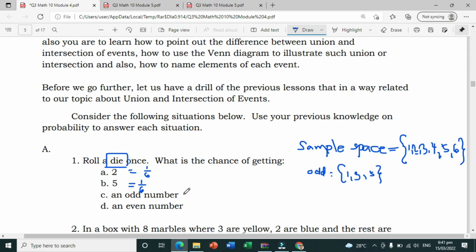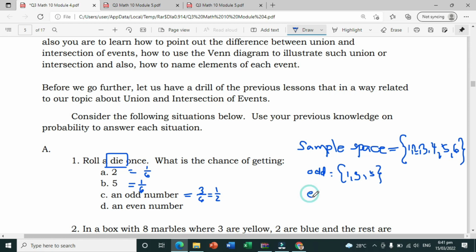So, ilan yan lahat? Merong 3. Tapos, over, ano yung denominator natin? So, that is 6. Take note, kapag probability, you have to reduce in lowest term. So, 3/6, 3 and 6 can be divided by 3. So, 3 divided by 3 is 1, while 6 divided by 3 is equal to 2. So, 3/6 or that is 1/2.